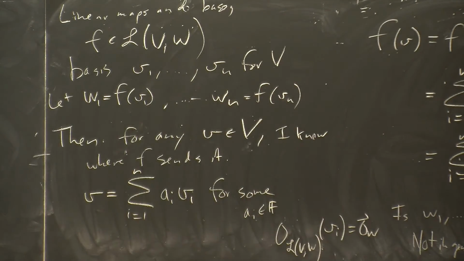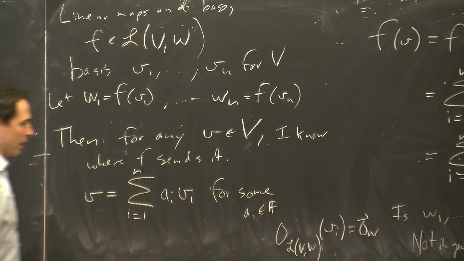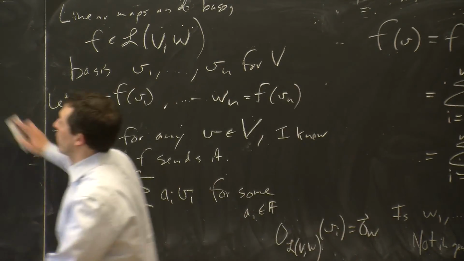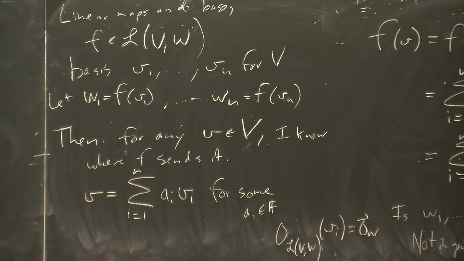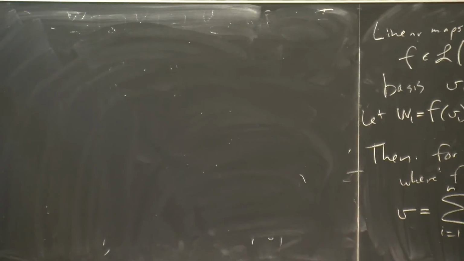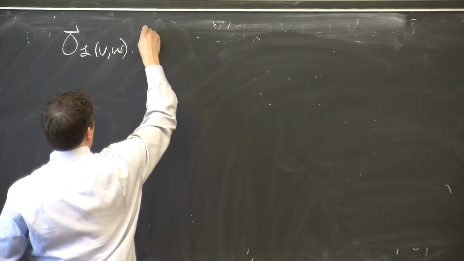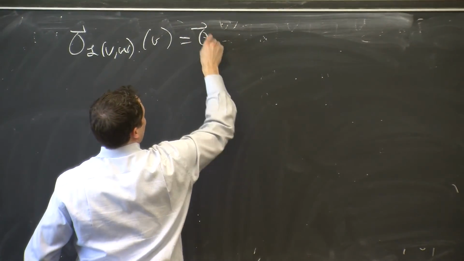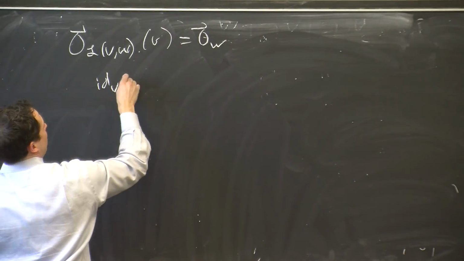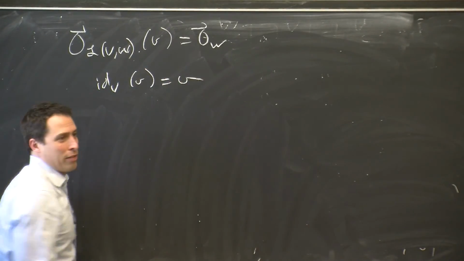So though we've seen a couple of specific linear transformations now, we defined two very simple linear transformations: this one, which sends everything to 0, and this one, which sends everything to itself.